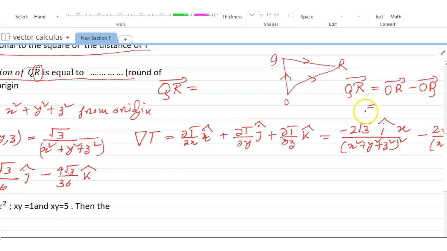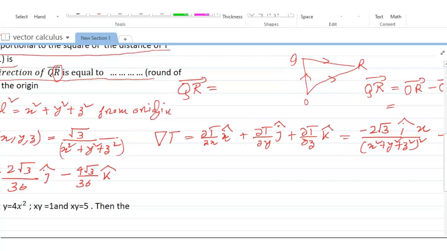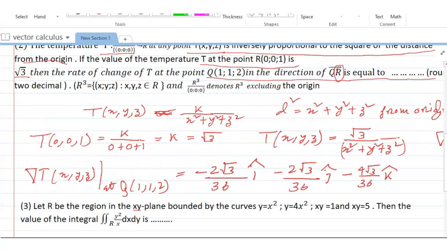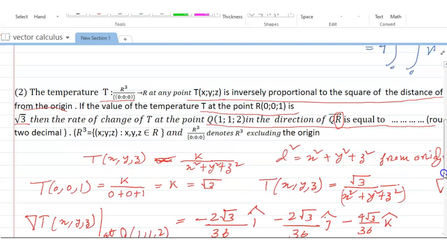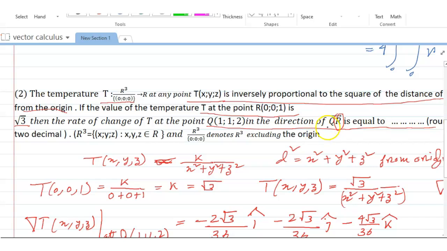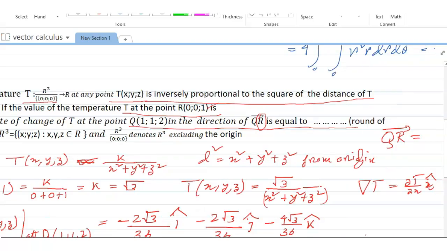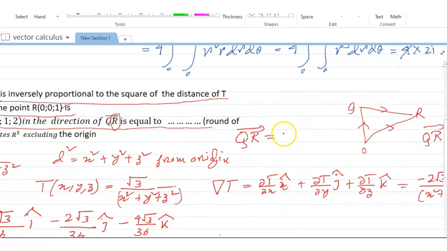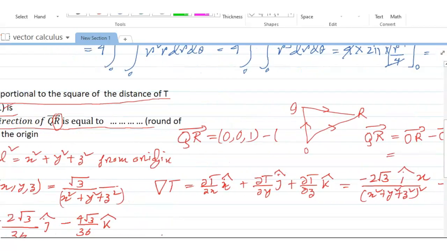So OR is equal to (0, 0, 1). This is the OR value, and this is the OQ.